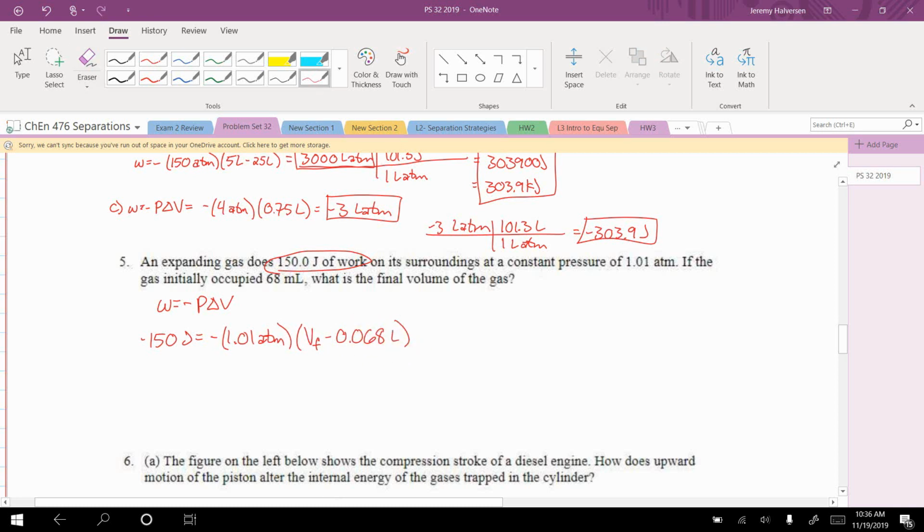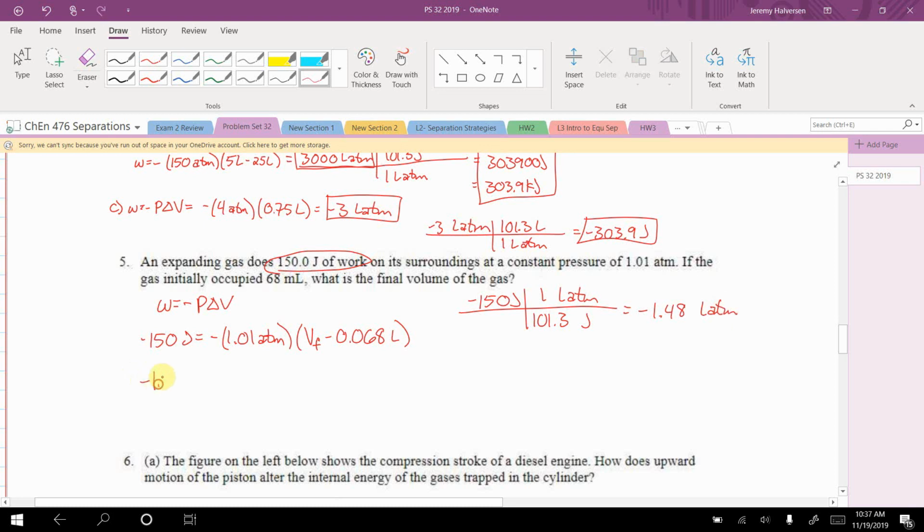That's the liters. Okay, so can I just do math here? The answer is no, because this side of the equation is joules and this is liter atmospheres. So we've got to change one of them. I'm going to change the negative 150 joules to liter atmospheres. Negative 150 divided by 101.3 gives me negative 1.48 liter atmospheres.